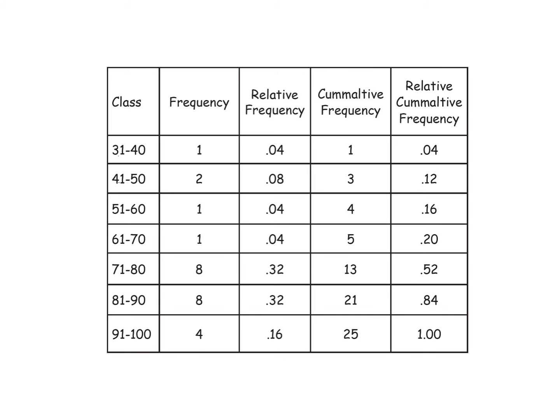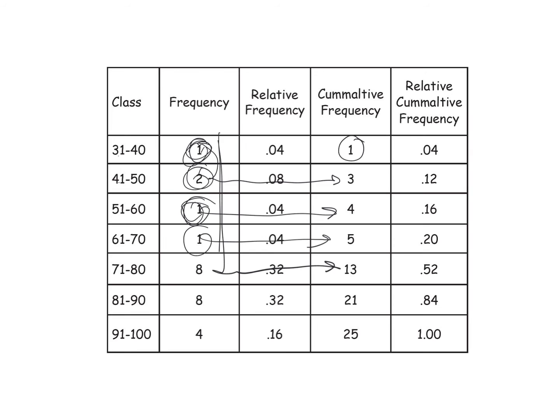Here's the cumulative frequency. So this is a running total. This is 1. 1 plus 2 is 3. 1 plus 2 plus 3 is 4. 1 plus 2 plus 3 plus 4 is 5. Plus 8 is 13. Plus another 8 is 21. And this is the relative cumulative frequency.